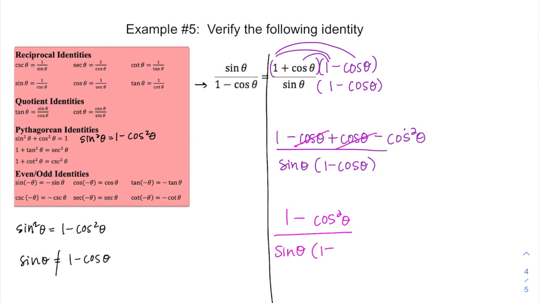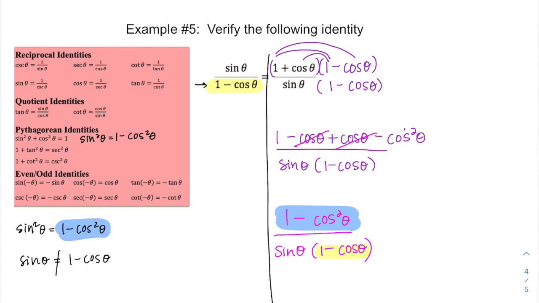Now again, 1 minus cosine on the bottom and the 1 minus cosine squared, they're not going to cancel each other out. But I do like the fact that on the bottom here, we have something that we want on the bottom. So we're in the right direction here. Now the next thing I notice is 1 minus cosine squared.